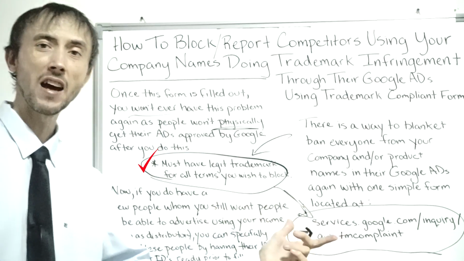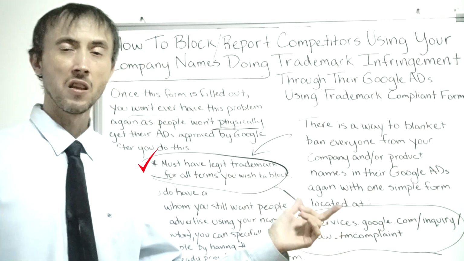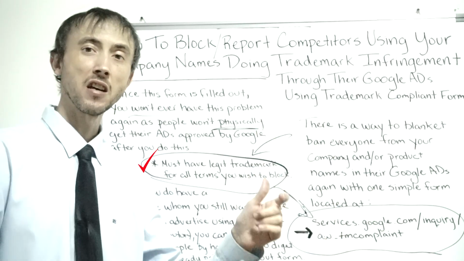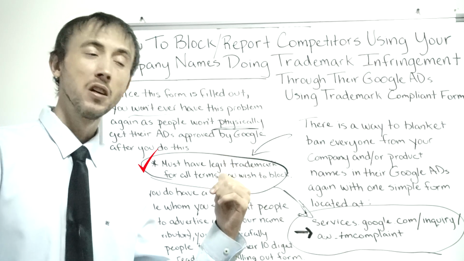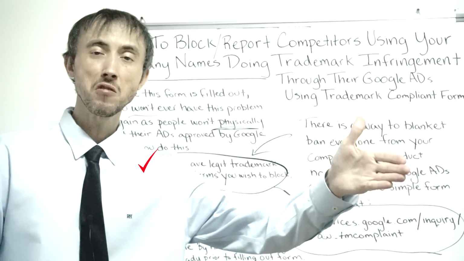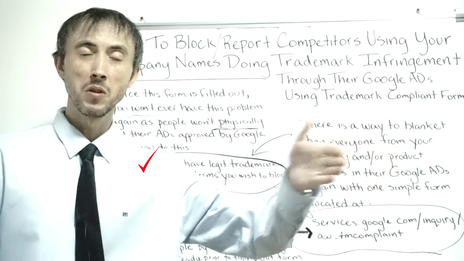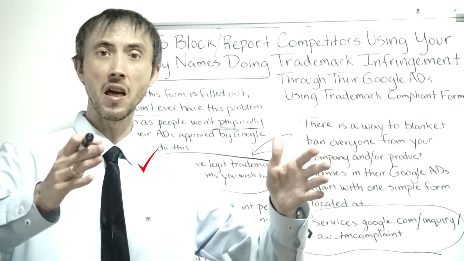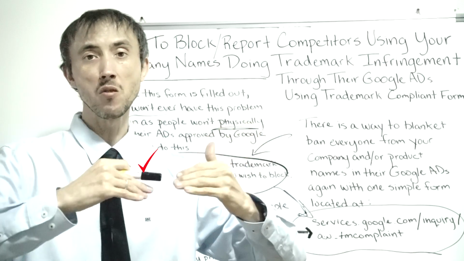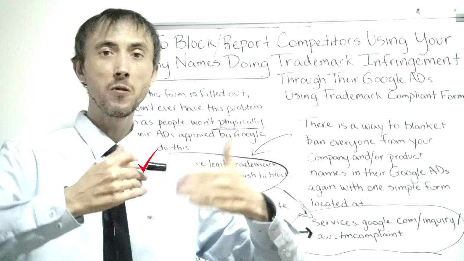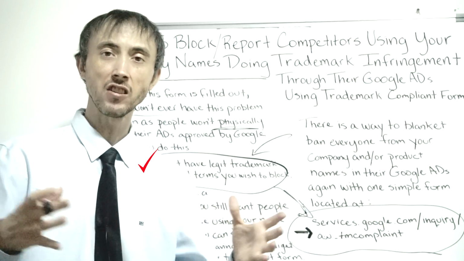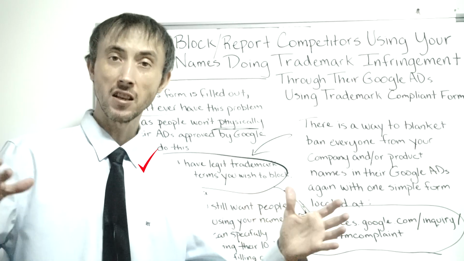It actually can be worse than them just stealing that sale, because once they get that customer who thought they were you, now they can steal that customer for life. They can send them an email saying, hey, if you're looking to reorder, we'll give you 20% off. They've basically got that customer controlled.